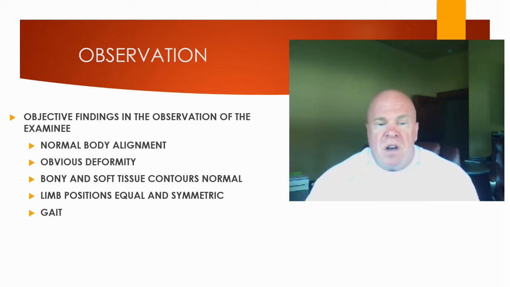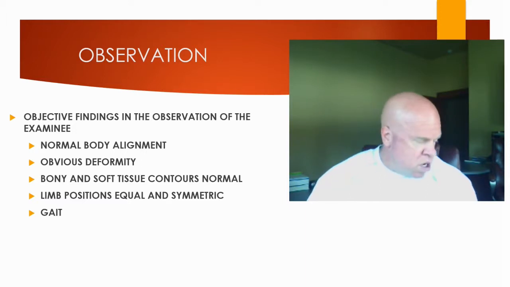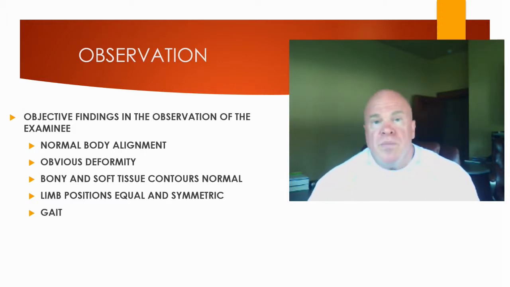Bony and soft tissue contours. You want to make an assessment of the bony and soft tissue contours and determine if those contours are normal or are abnormal. For example, is there any evidence of muscle wasting? Muscle wasting or atrophy is a true positive objective finding following an injury.